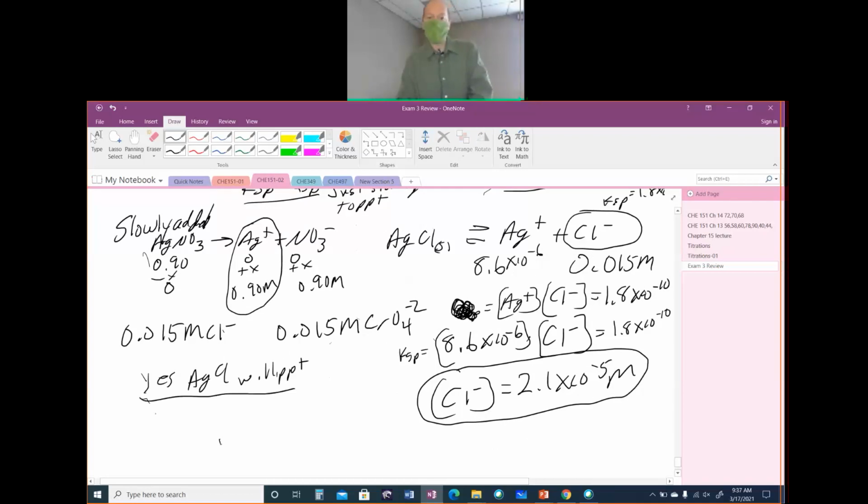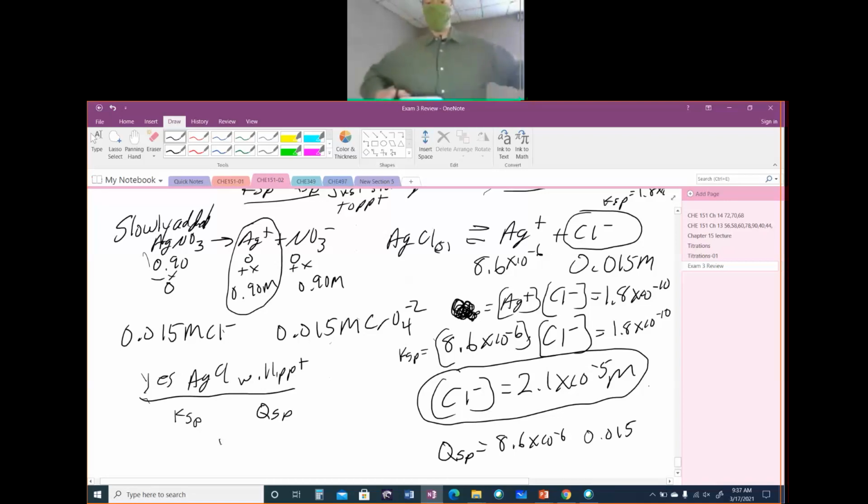And anytime you answer this question, you should be comparing your Q to your K. All right, so you take your KSP and you compare your QSP. So we know our concentration of Ag plus at the initial state, 8.6 times 10 to the minus 6, and our initial concentration of Cl minus.